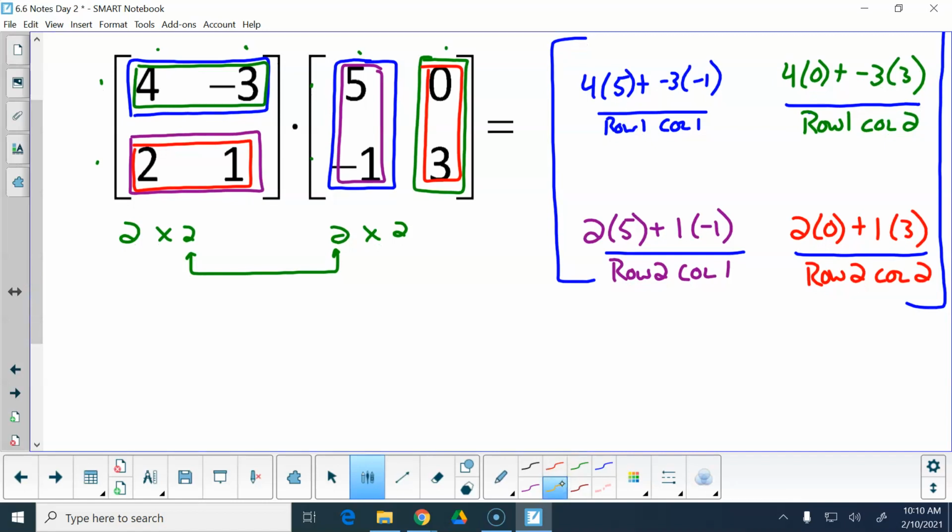4 times 5 is 20. Negative 3 times negative 1 is positive 3. 4 times 0 is 0. Negative 3 times positive 3 is negative 9. 2 times 5 is 10. 1 times negative 1 is negative 1. 2 times 0 is 0. 1 times 3 is 3.